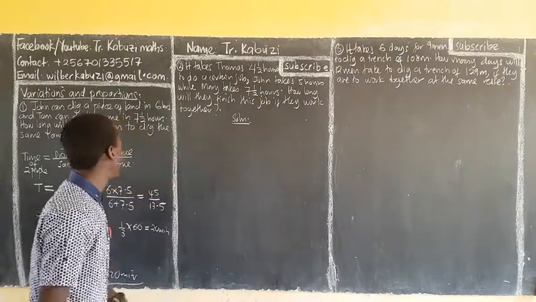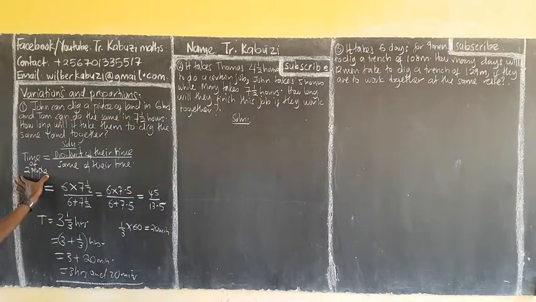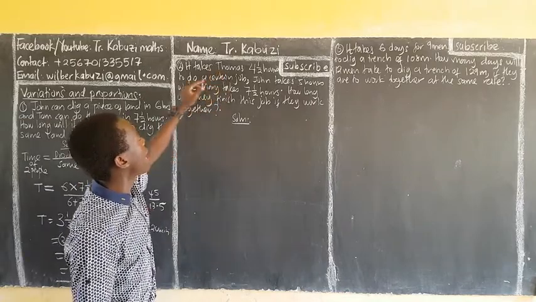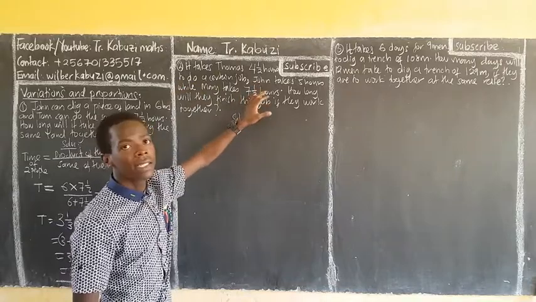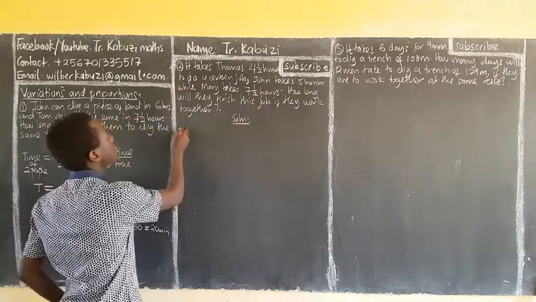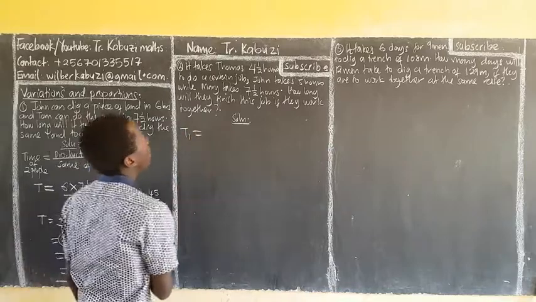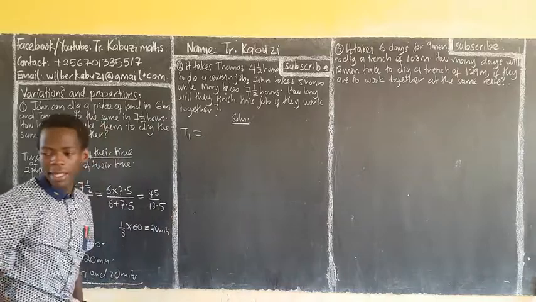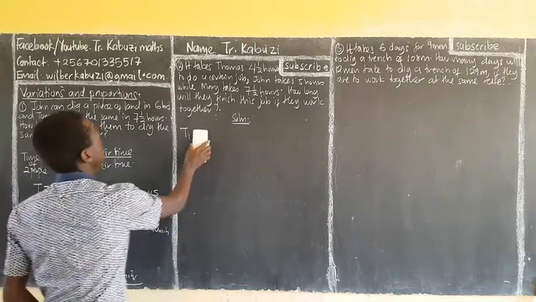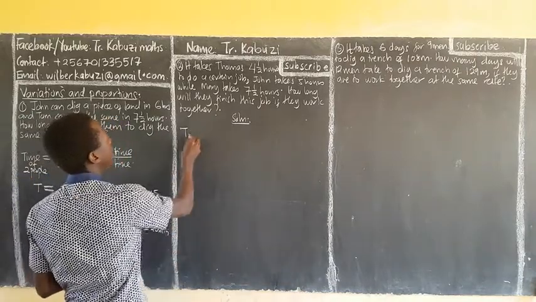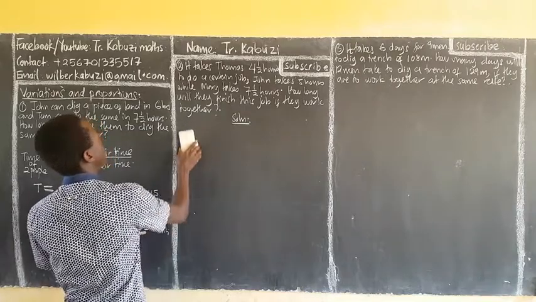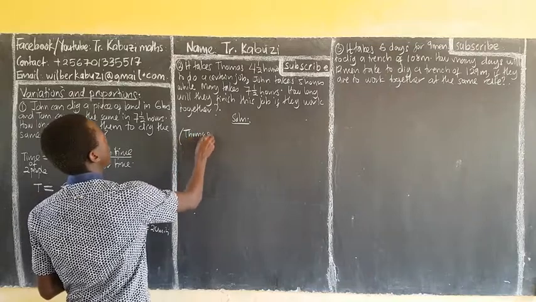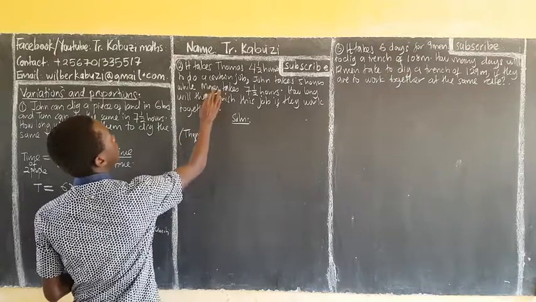What you do here now, because this formula works if you have 2 people, I'm going to first get the time for Thomas and John at once. So team 1 will be Thomas and John.